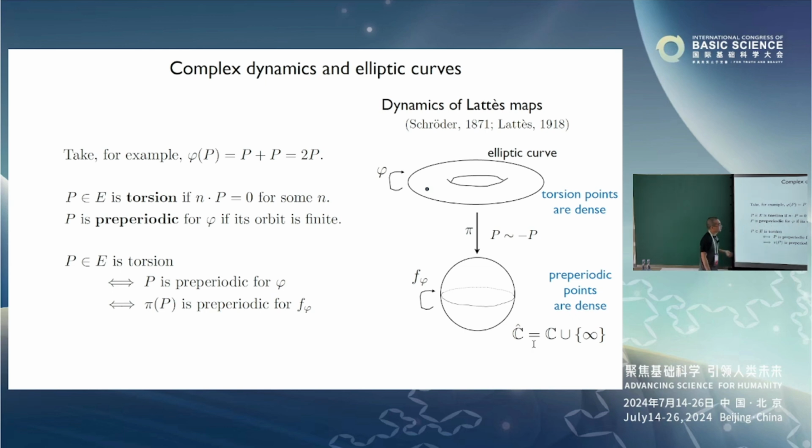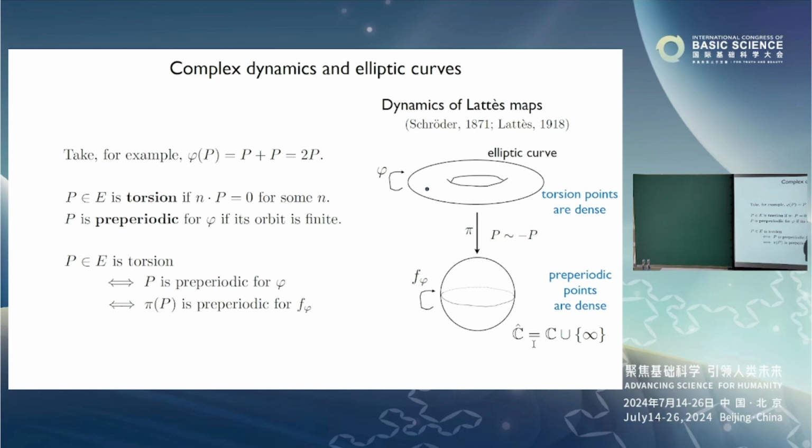So what's the connection between torsion and preperiodic? The thing is that P is torsion if and only if it is preperiodic under the multiplication by 2 action, and if and only if the projection of the elliptic curve to P1 is preperiodic. What's the projection?